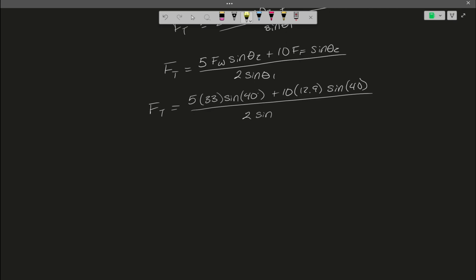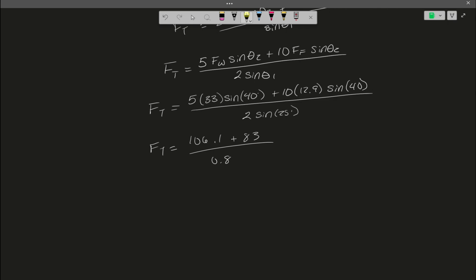Times 2 sine of 25 degrees. This gives me 106.1 plus 10 times 12.9 times sine of 40, which is like 83 roughly, divided by 2 times sine of 25.